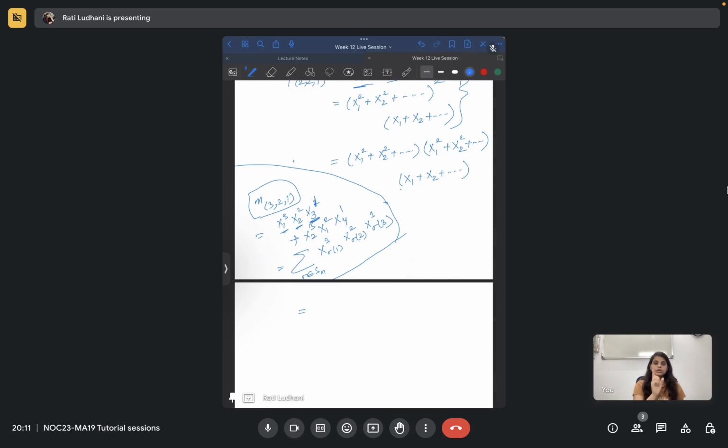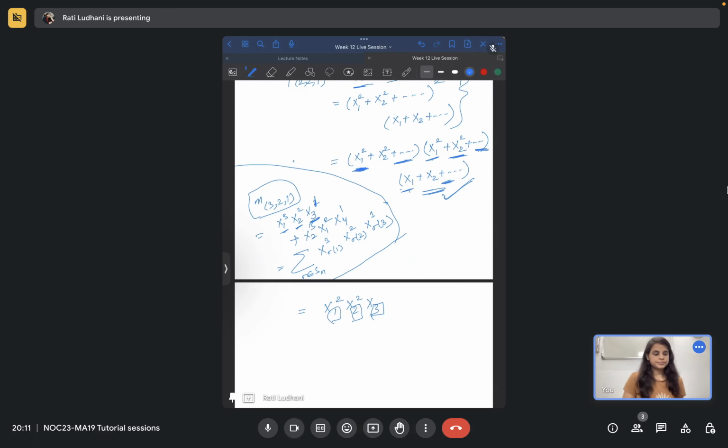So firstly observe that there is a symmetry already. For example, if you have x1 square, x2 square, and x3, you will get all the permutations also, because you can always consider some other xi. So distinct ones are done in that sense.